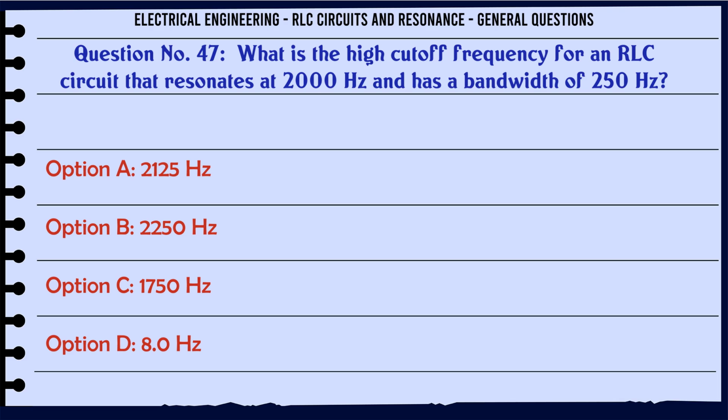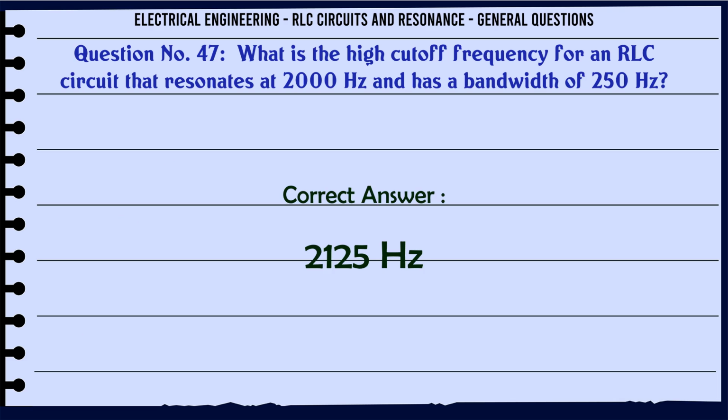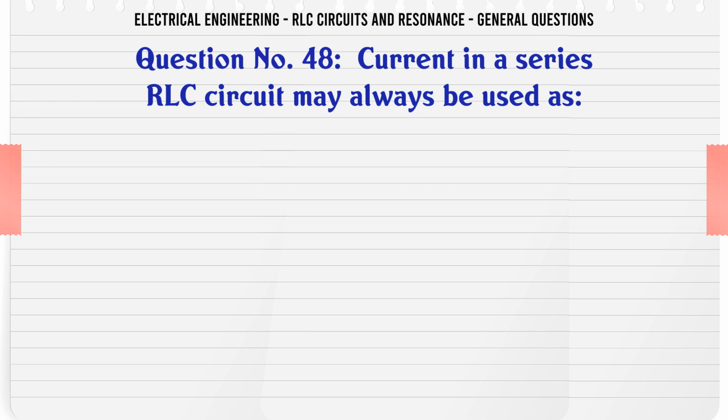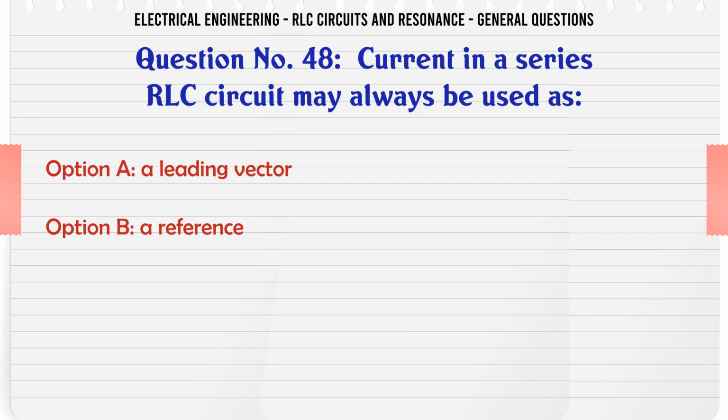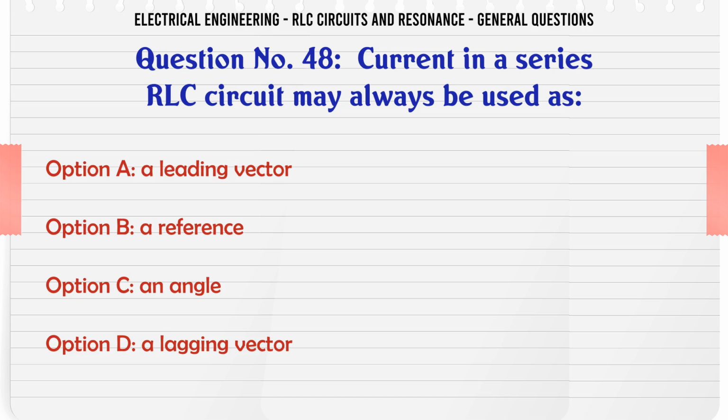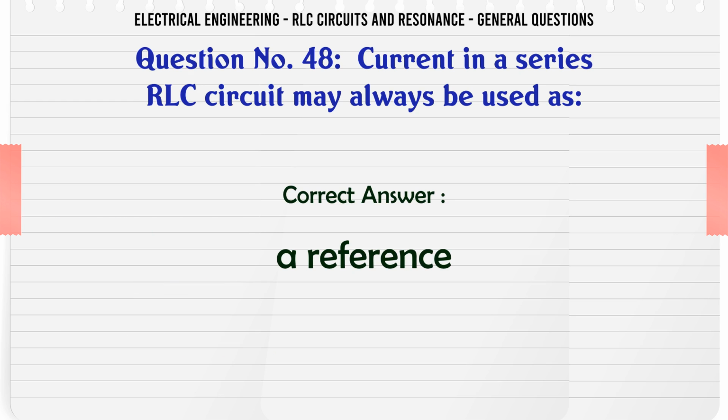D. 8.0 Hz. The correct answer is 2125 Hz. Current in a series RLC circuit may always be used as A. A leading vector. B. A reference. C. An angle. D. A lagging vector. The correct answer is a reference.